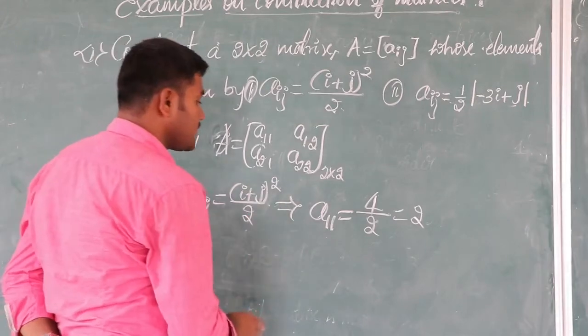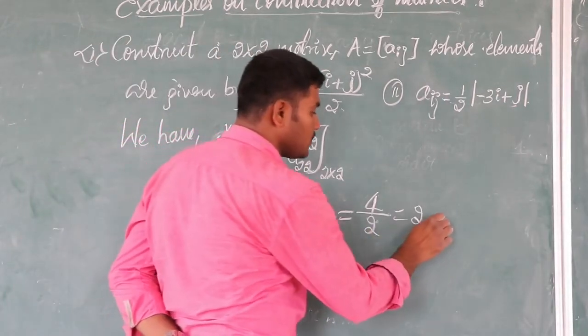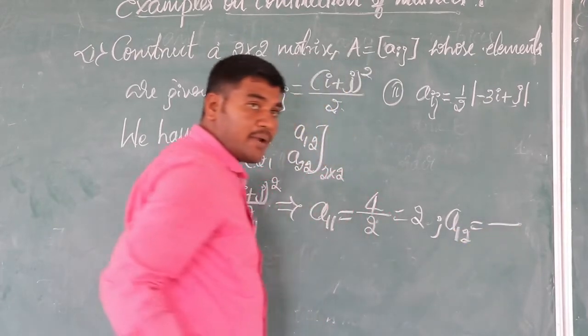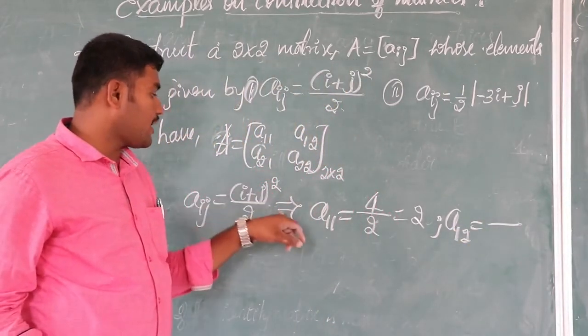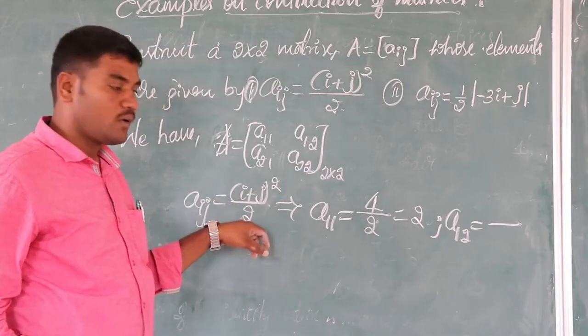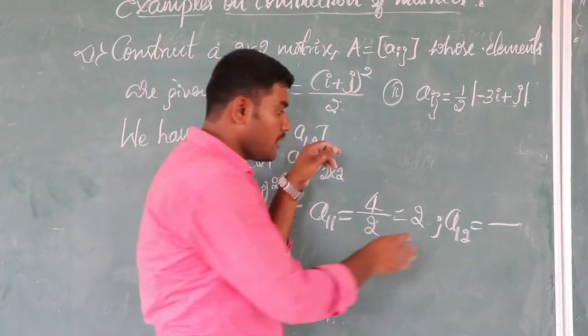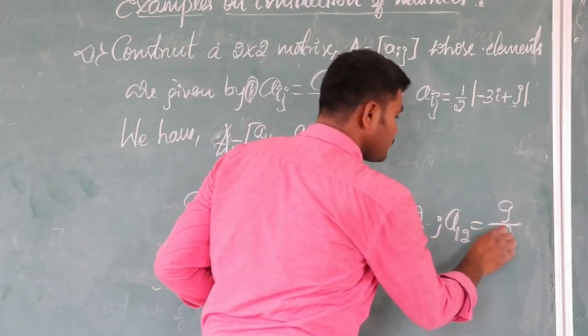Next element, a12: (i + j)² upon 2, so i + j means 1 + 2, which is 3, squared means 9, by 2.